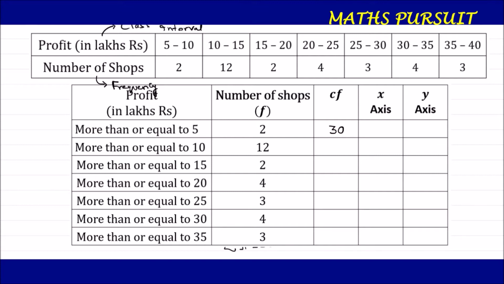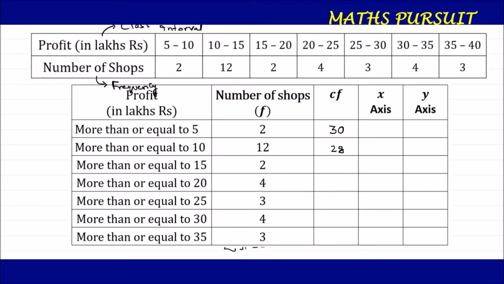So more than 10 means everything will be covered till 40. So here I can omit 2, and here I can write 28. That means 30 minus 2 is 28. Or the other way, I can say starting from 12 plus 2 plus 4 plus 3 plus 4 plus 3. If you add, whatever we are getting, that is our cumulative frequency here.